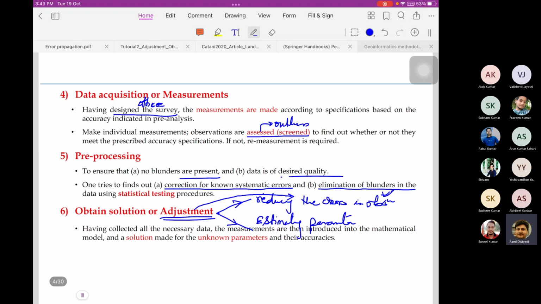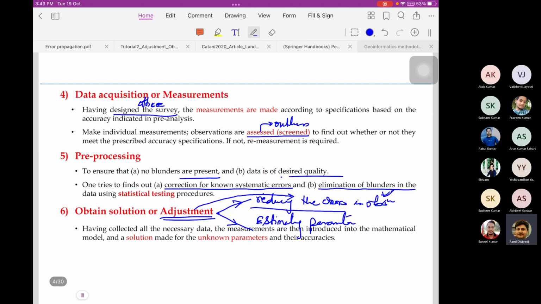Adjustment in a broad sense is a methodology where you are achieving the unique solution. That's true. By definition it is true, but it is not only that. Another thing is you are reducing, or the so-called effort is to remove, all possible random errors in your observation.